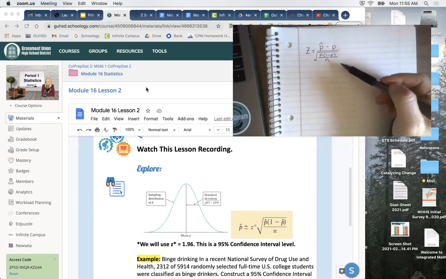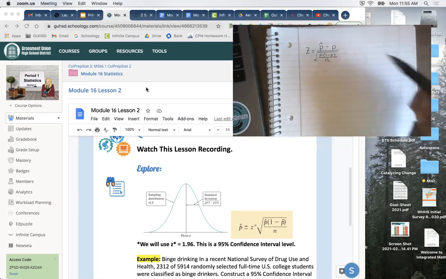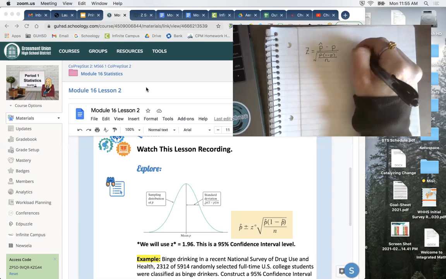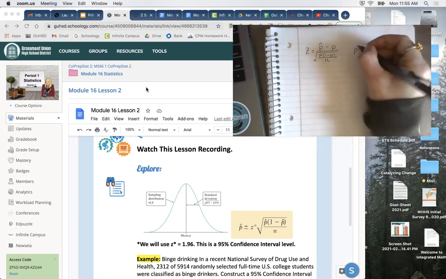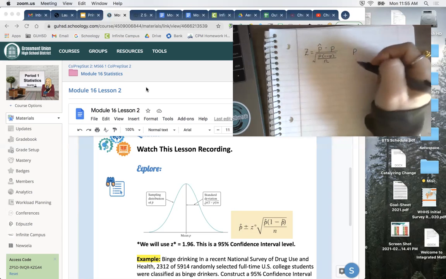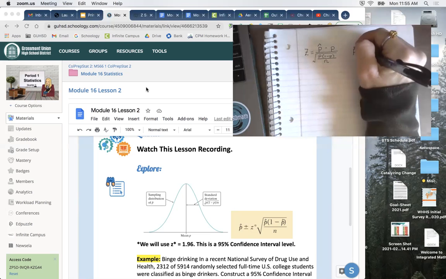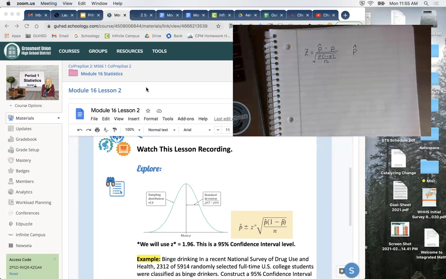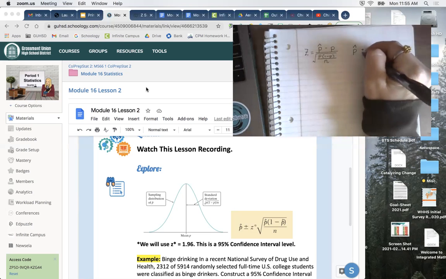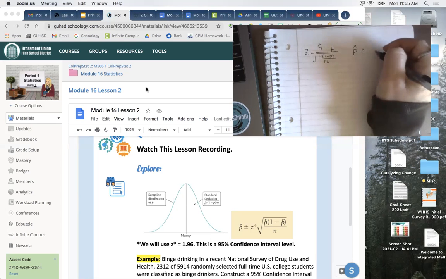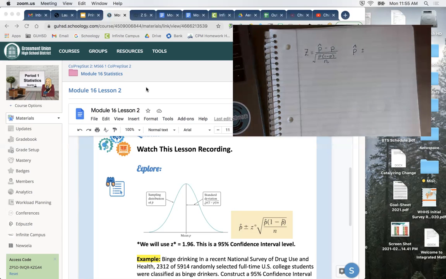The second and final formula of our entire year actually together is this right here. We're going to build what are called confidence intervals around this proportion that we're going to find. And the way that we do that is we take our p hat, our sample proportion, and we add and subtract a little bit. And I'll show you with an example what that actually means.